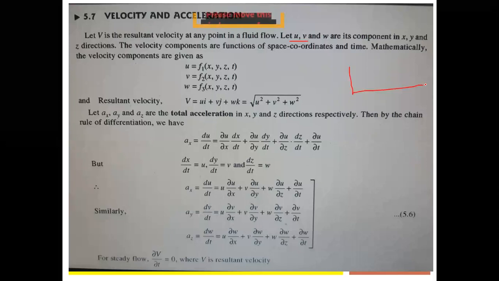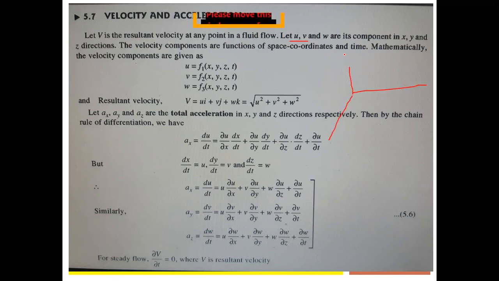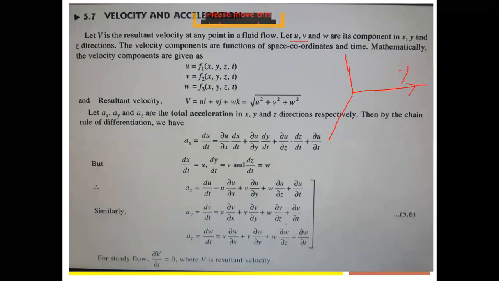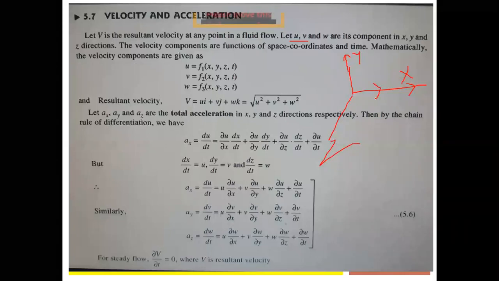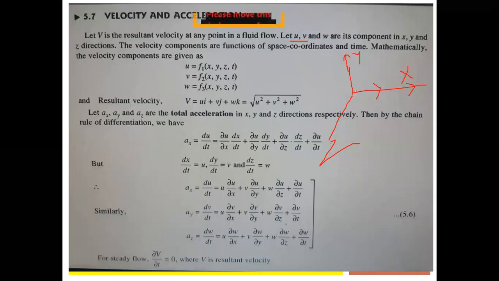This is the x-axis, this is the y-axis, this is the z-axis. For x you have u, for y you have v, for z you have w.